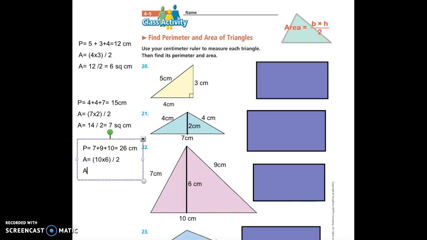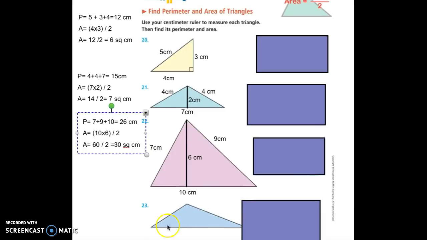All right, so if I calculate that out, 10 times 6 is 60, divided by 2 ends up equaling 30 square centimeters.